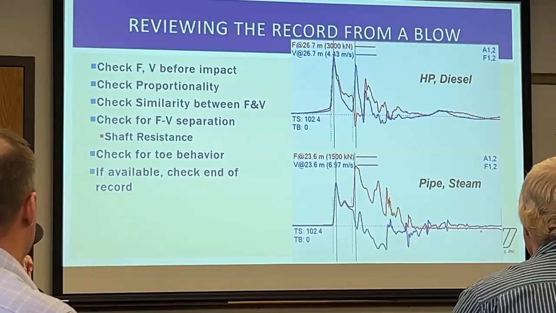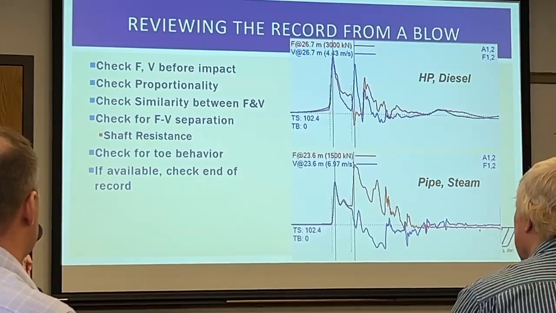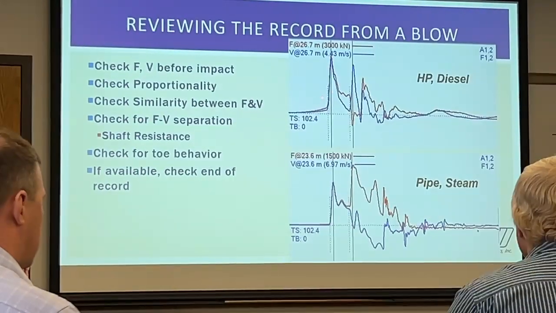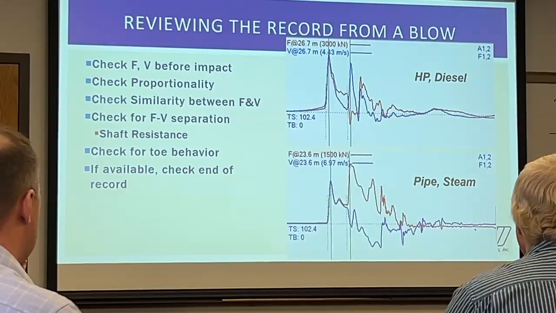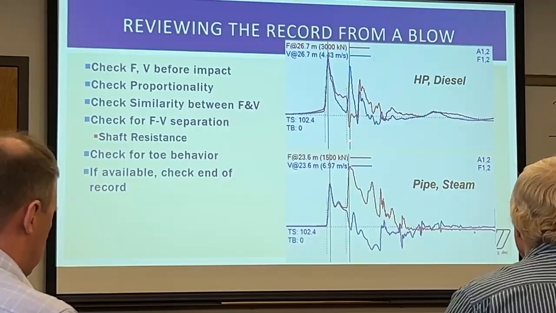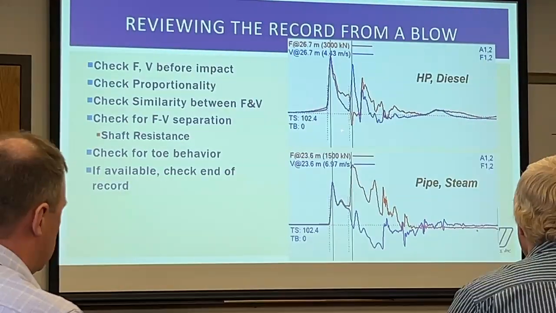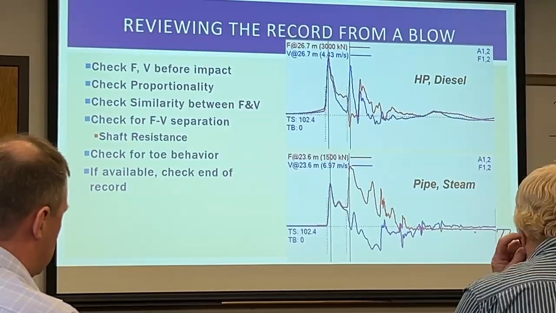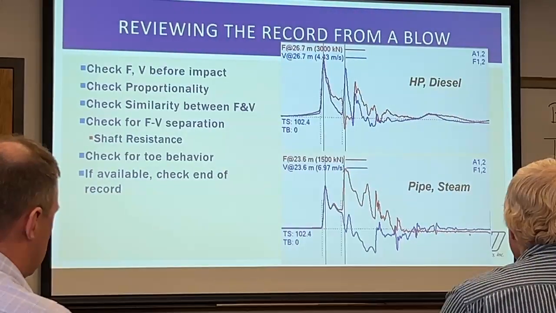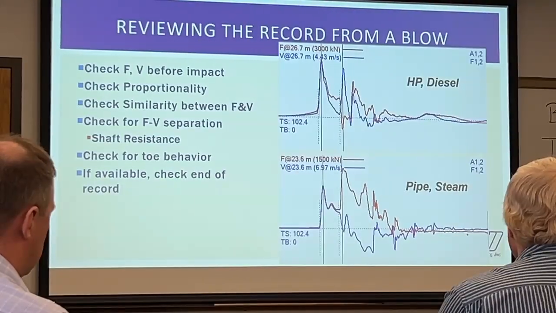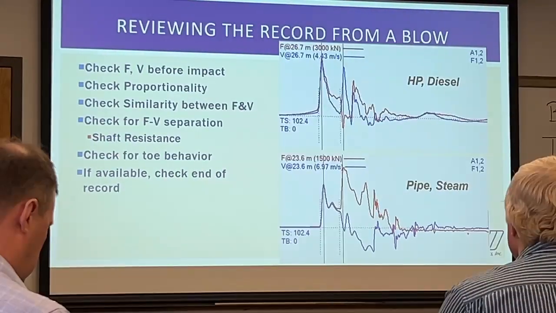We said that when skin friction arises, the velocity slows down and the force tends to creep up. Because it's happening before the indicator of the bottom of the pile, we can see that difference in skin friction between these two different piles. So there's our shaft resistance determination.